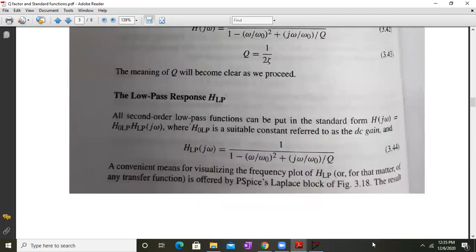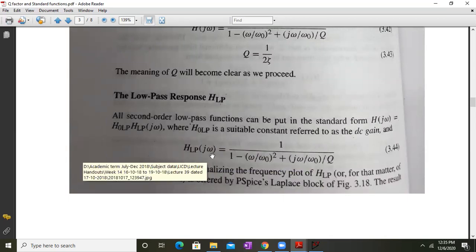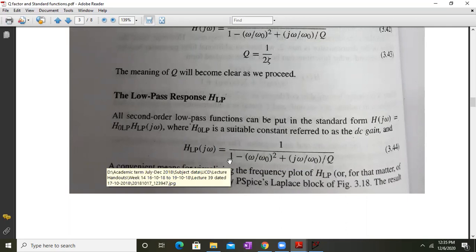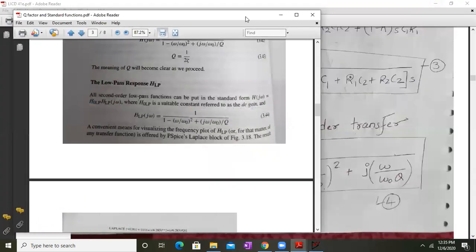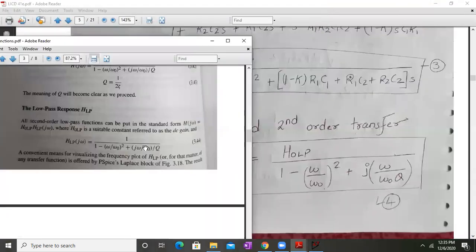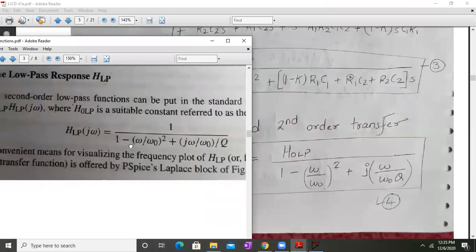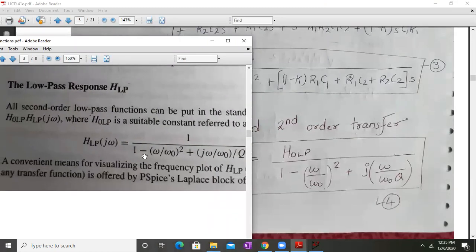So what I want to say is all second order low pass filters can be put in the standard form like this. So this is the standard form of a low pass second order filter. So let's compare it with the standard form. That is what I've written over here. This is H_LP(j omega), which is given by H_OLP into H_LP(j omega).